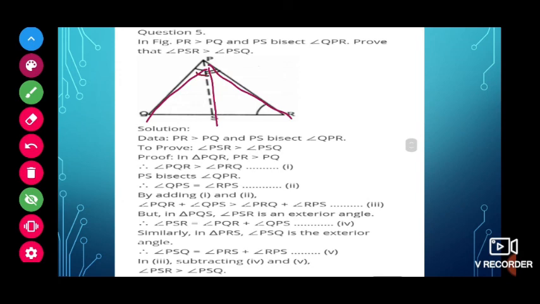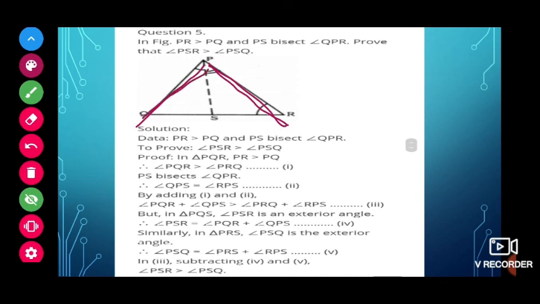Prove that angle PSR is greater than PSQ. Here what they are saying is PR is longer than PQ.